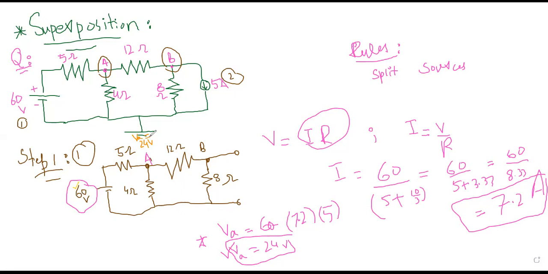Now the equivalent resistance for the whole circuit is this one, and the current from the battery till point A is approximately 7.2 ampere. Then any question till now?